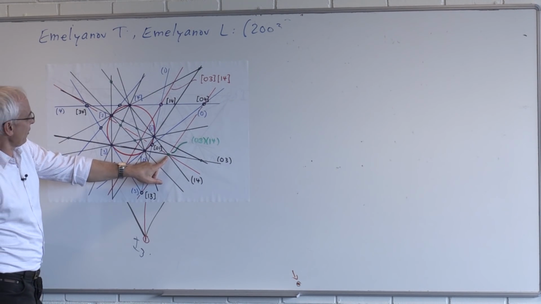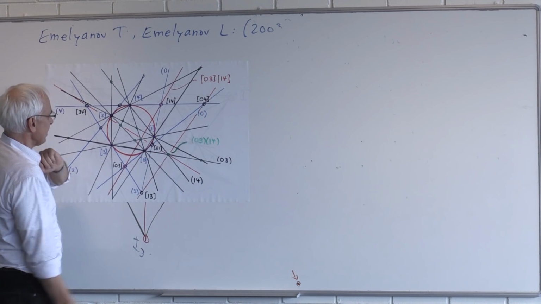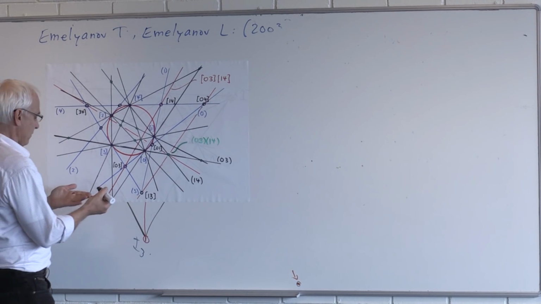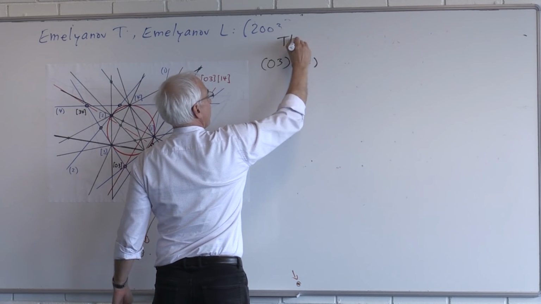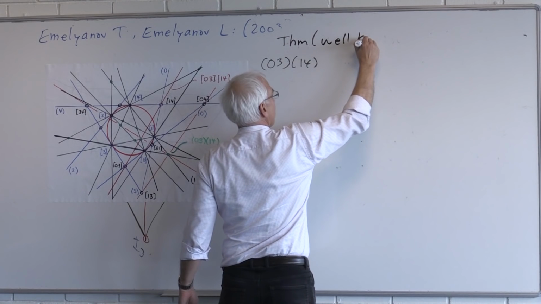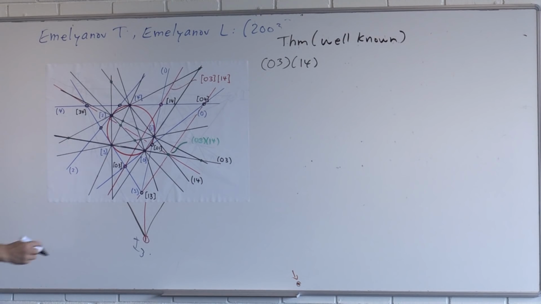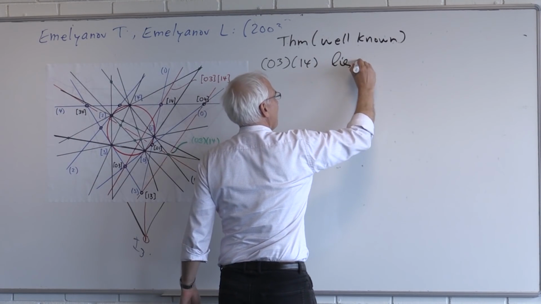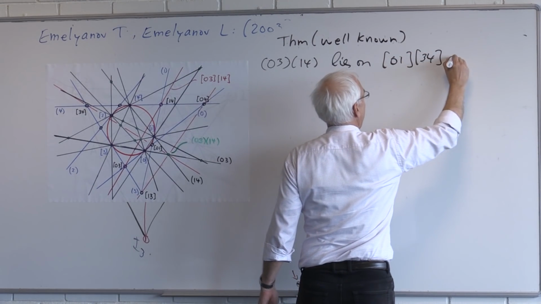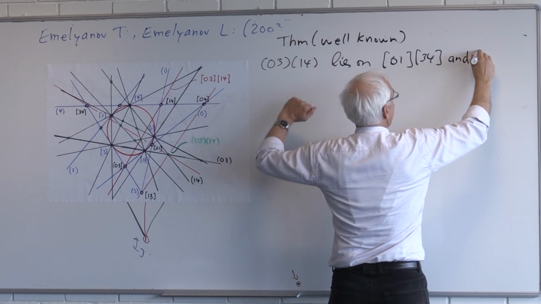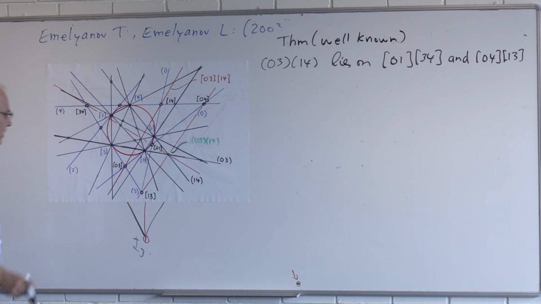It is also lying on the line [0, 1][3, 4]. This is a classical kind of theorem, so I'll just illustrate it in an example: that the point (0, 3)(1, 4) lies on the lines [0, 1][3, 4] and [0, 4][1, 3]. Let's see if we can see that.